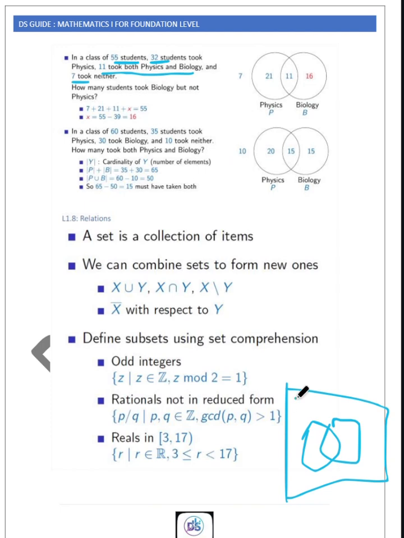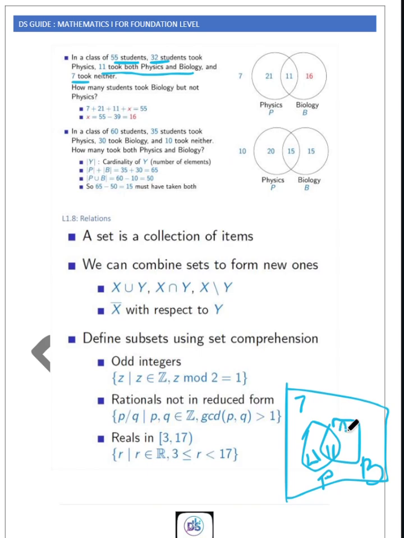Start from the last sentence. 7 took neither. Okay. 11 took both. So 11. 32 took physics. Okay, 11 students are already here. So here I'll write 32 minus 11, that is 21.